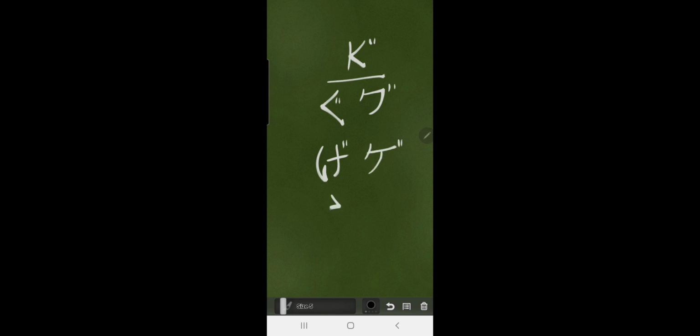And then finally we have ko, which changes it to go. Okay, so those are the G sounds. Okay, next we're going to learn what happens to S sounds.